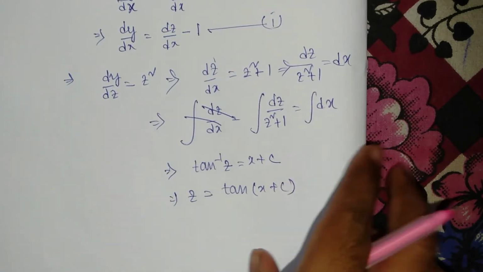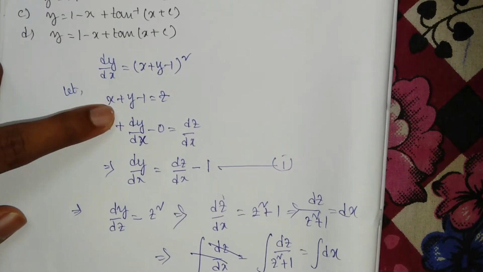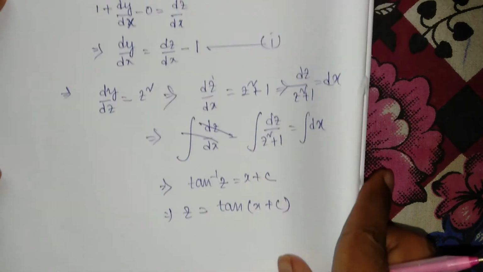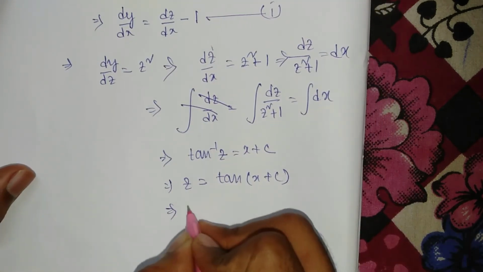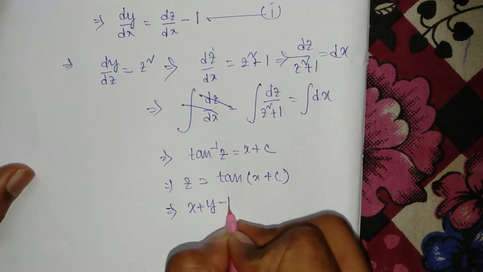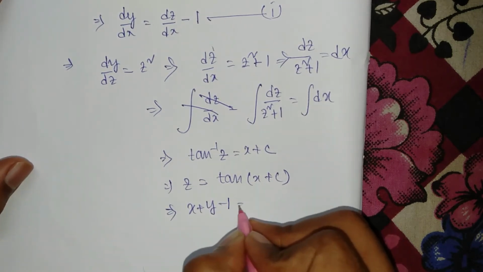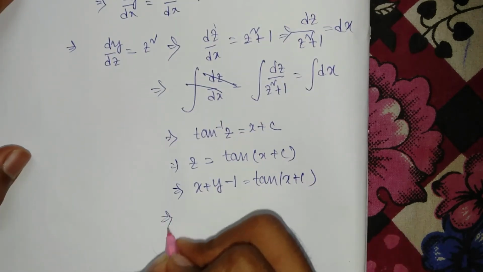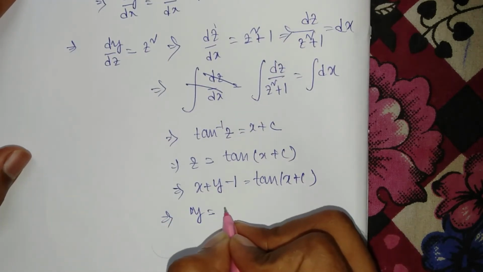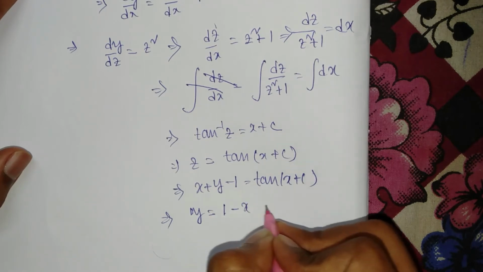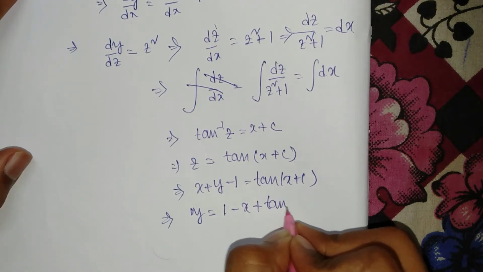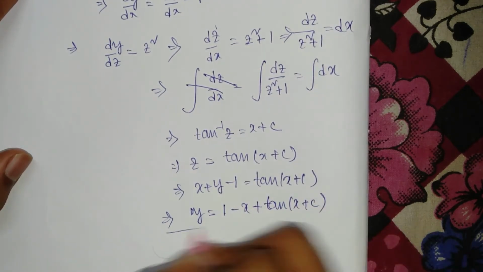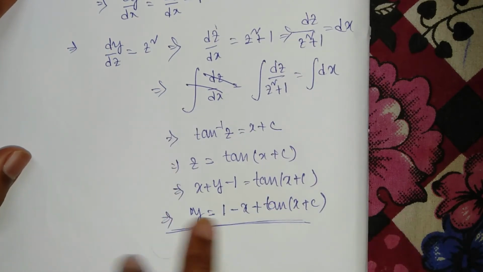Then putting the value of z, we let z be x plus y minus 1. So x plus y minus 1 is equal to tan of x plus c. Then y is equal to 1 minus x plus tan of x plus c. This is the solution for the given differential equation.